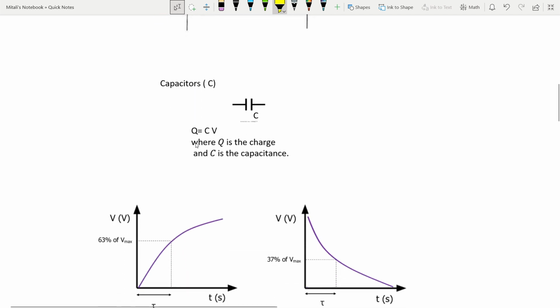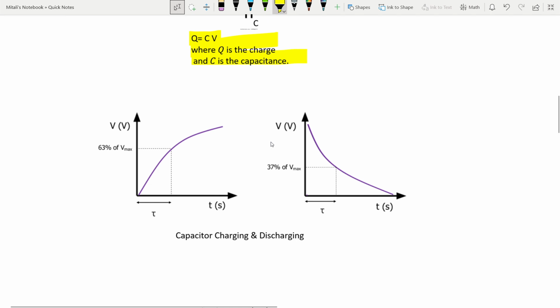Then capacitors are symbolized by the capital letter C. They store energy in an electric field. They consist of two conductive plates separated by an insulator. The charge Q on a capacitor is related to the voltage by Q = CV, where Q is the charge and C is the capacitance.